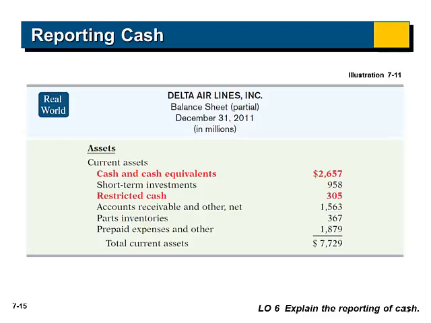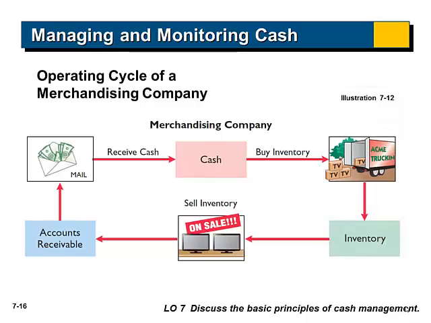We may have some cash sitting around, but we don't want to have too much idle cash sitting around because we need to ensure that we are making the most of the cash that we have. And so we need to make sure we are employing the best and most effective cash management principles with respect to the cash that we have. So first of all, I just want to point out the operating cycle of a merchandising company.